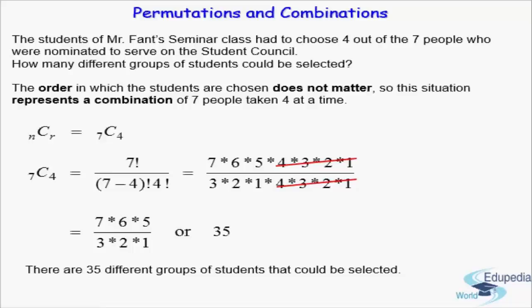What does this mean in real life? This means that if you start choosing from these 7 people, there will be 35 different combinations of students that you can make as a nomination for the student council. Of course, you can have 1 student and 3, and then those 3 can go out, and the next 3 can come in because they're all together 7.